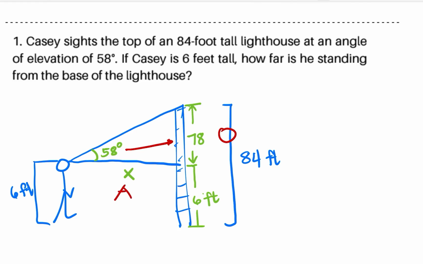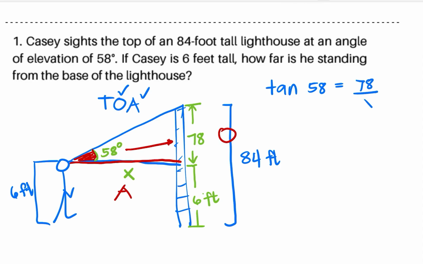It's a side of a triangle that touches the reference angle, 58 degrees, the angle of elevation. So in this case, we are going to use TOA because we have opposite and adjacent. So we will write tangent 58 equals 78 over x.